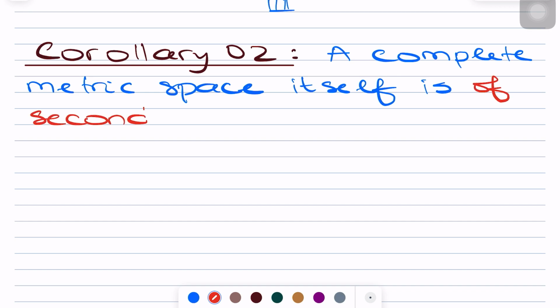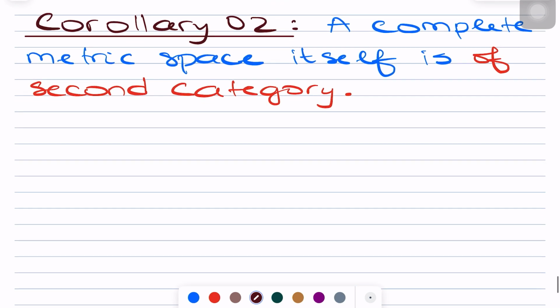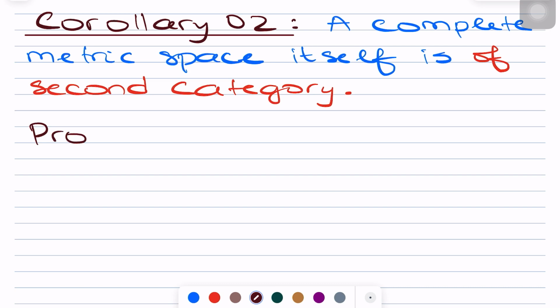I mean, this is rather easy to prove. So let's have a look at the proof. You can never write a complete metric space as a countable union of nowhere dense sets. That is just impossible. Okay, so let X be a complete metric space.